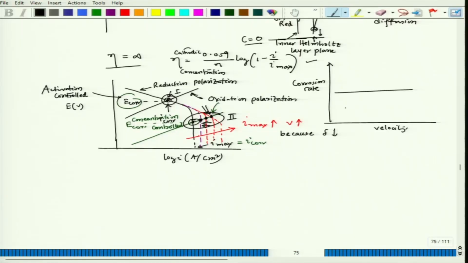So, the corrosion rate pattern would be like this. We are just drawing a schematic plot.